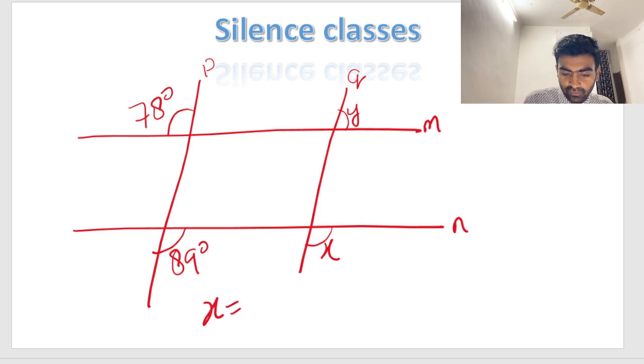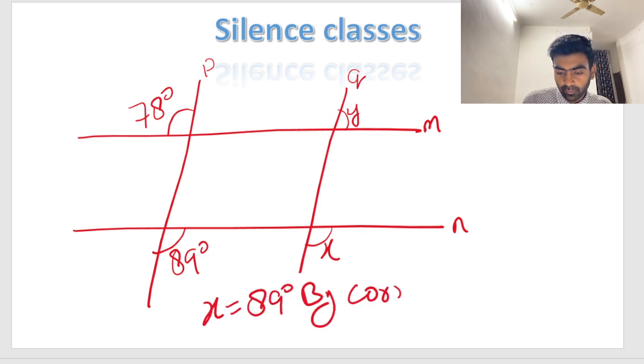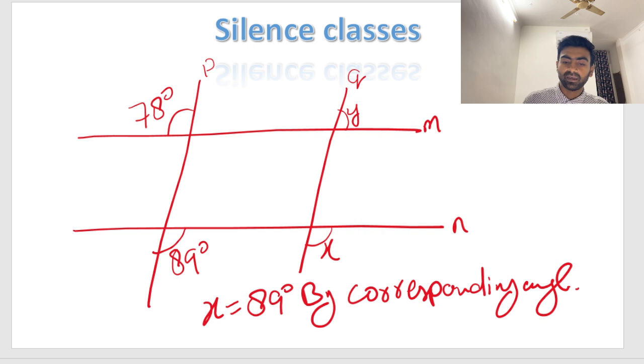So X is equal to 89 degree by corresponding angles.